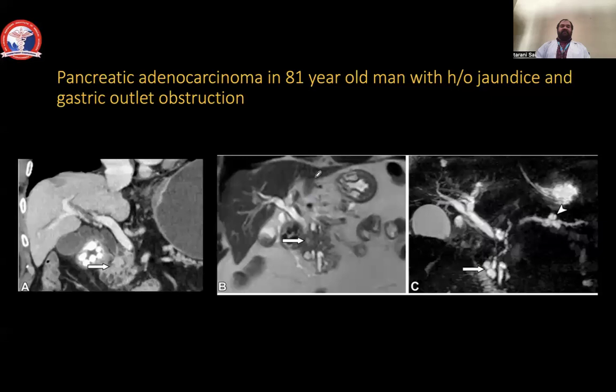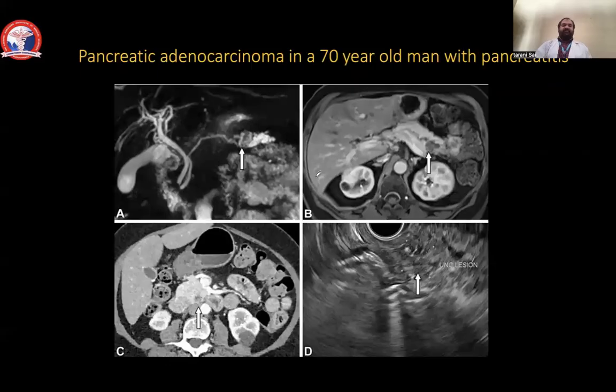Pancreatic adenocarcinoma in an 81-year-old with history of jaundice and gastric outlet obstruction. Here we can see an ill-defined mass in the uncinate and head of the pancreas, causing invasion into the duodenum, causing obstruction, and the double duct sign seen in the C image.